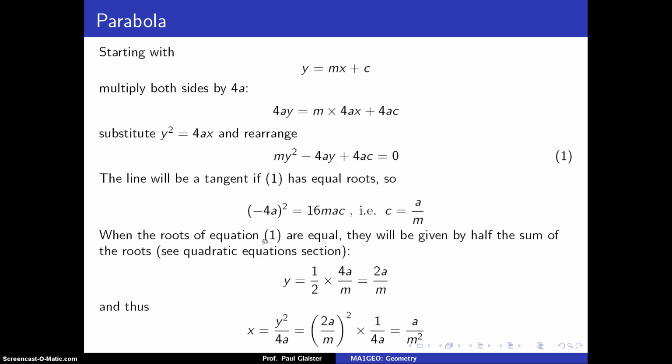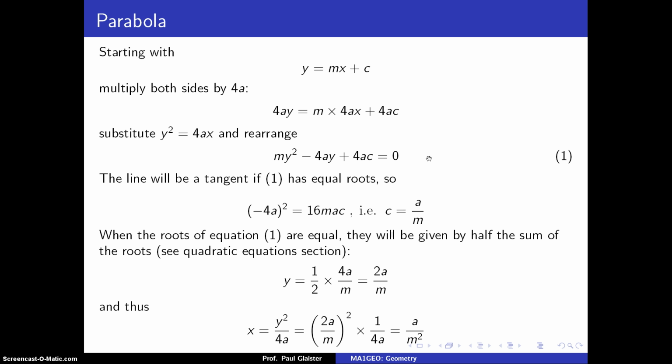By eliminating either y or x between y squared equals 4ax and y equals mx plus c, we get a quadratic equation in either x or y. In this case I've multiplied the equation of the straight line by 4a and then replaced 4ax by y squared, so we get a quadratic only in y.